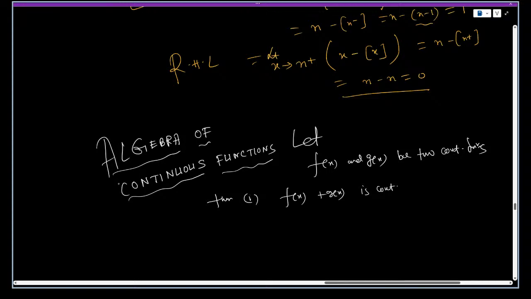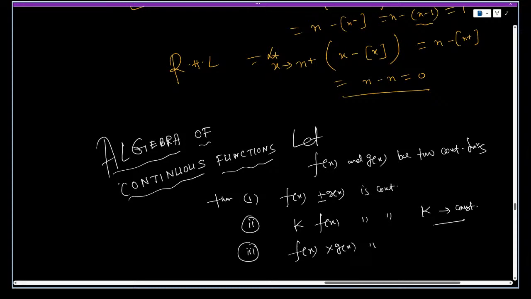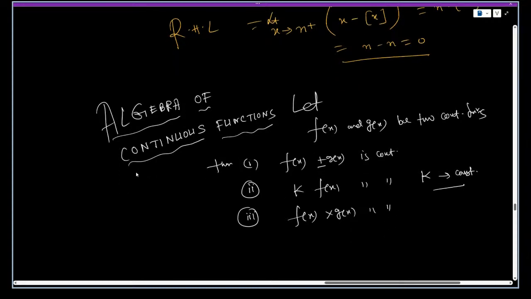I am talking about the domain of definition, on which it is continuous. If minus sign is there, it will be continuous. K into f(x), if you multiply by a scalar k, constant, then it is continuous. f(x) into g(x) is also continuous.